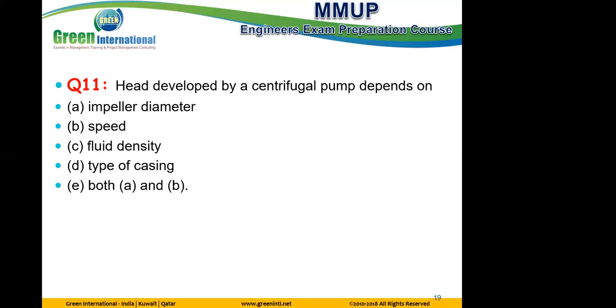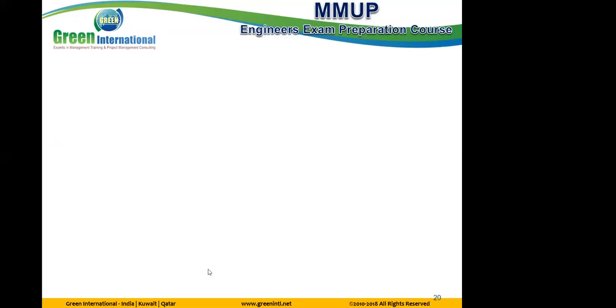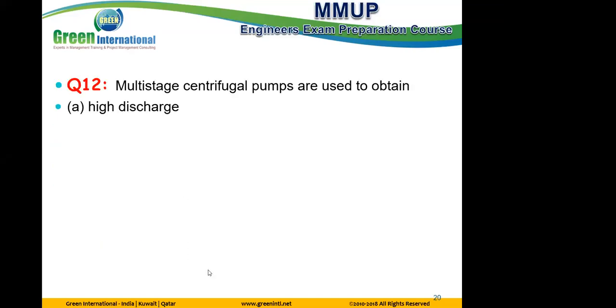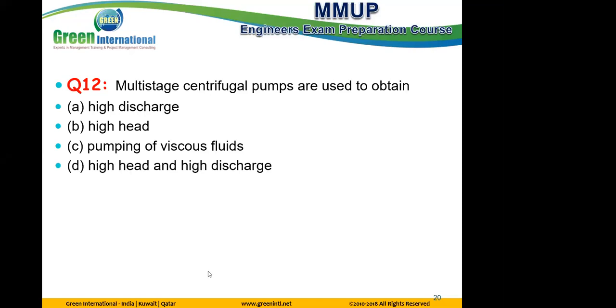Next. It's E, both A and B. A and B, correct. High discharge, high head. Which one?